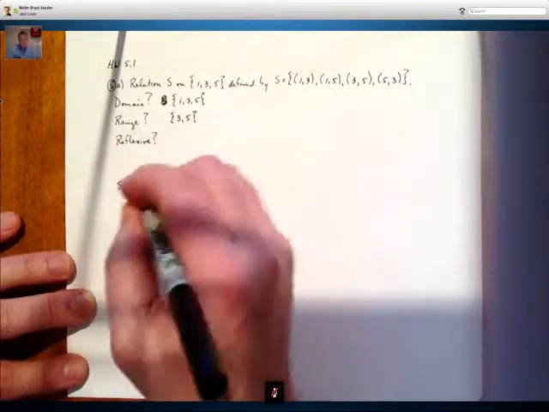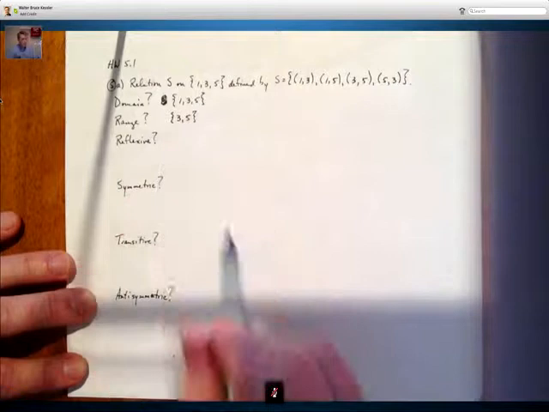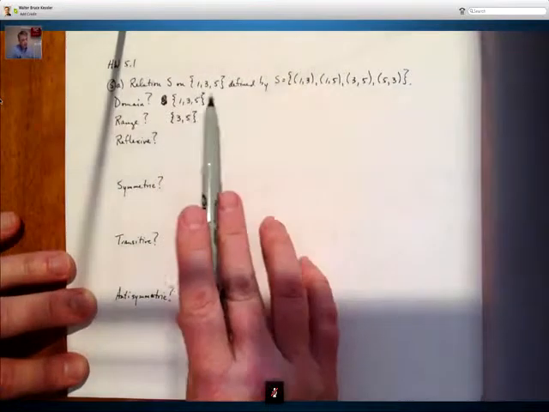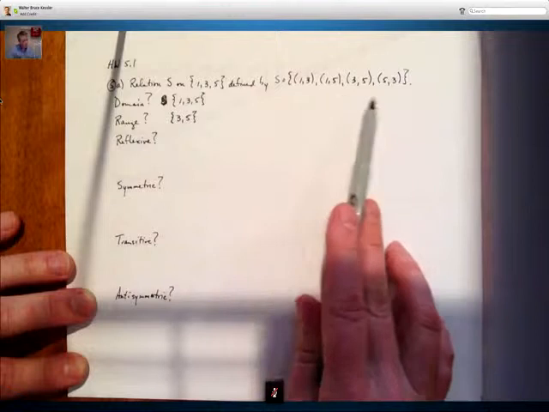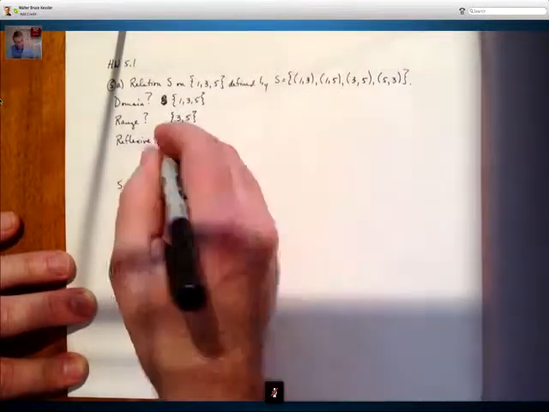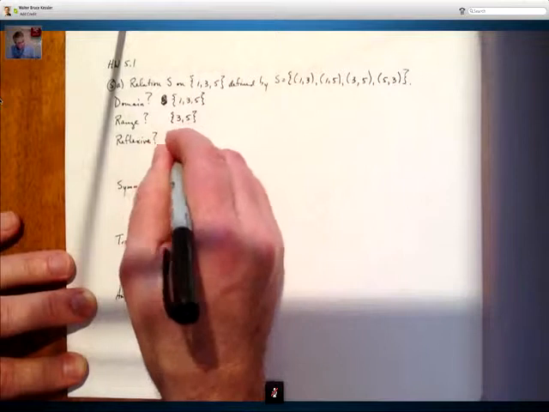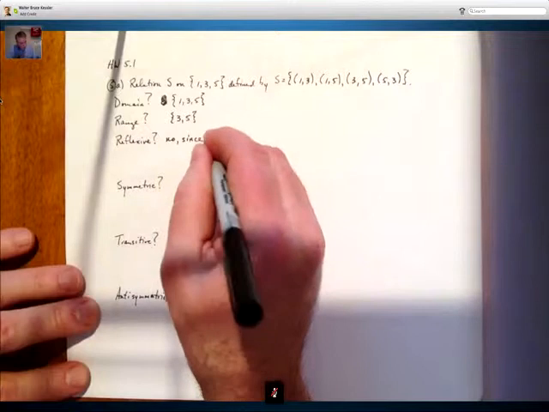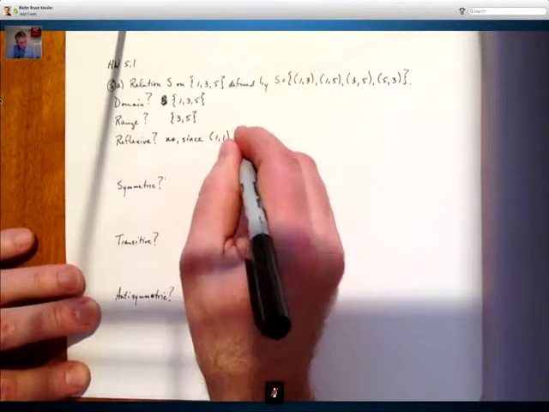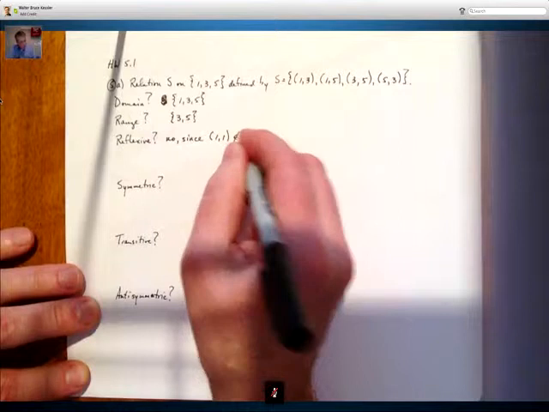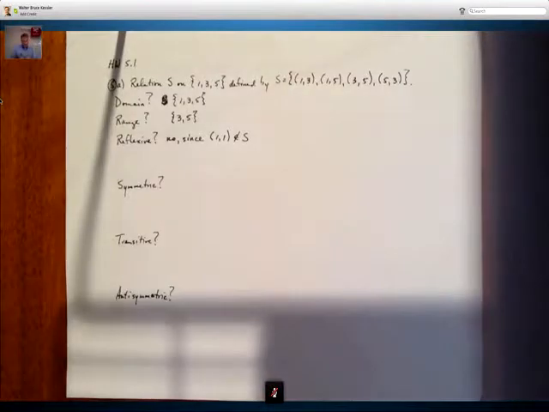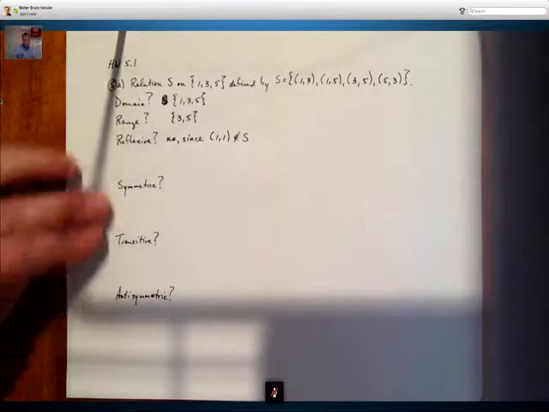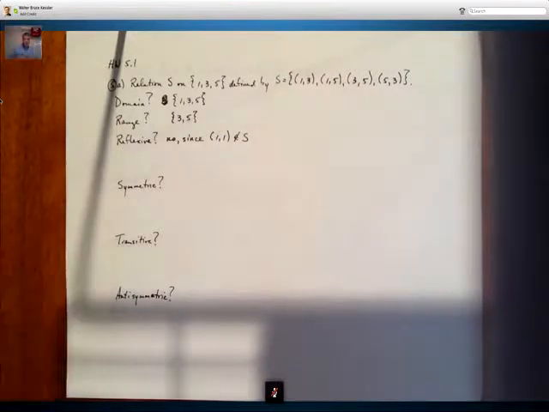Alright. Now, reflexive checks to see if we've got everything here as an ordered pair with itself. We don't have that. We don't have any of that, really, right? So the answer here is no, since, and we just need one counterexample, so I'll go with the first one. Since 1, 1 is not an element of S. Okay. Remember, these conditions for reflexive, symmetric, transitive, and antisymmetric are for all elements of our set.